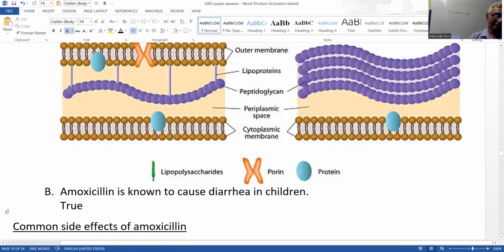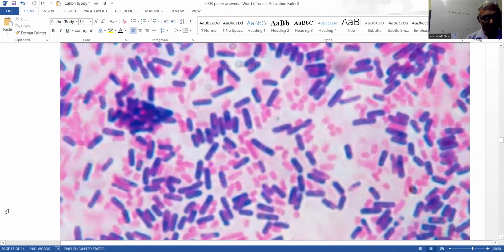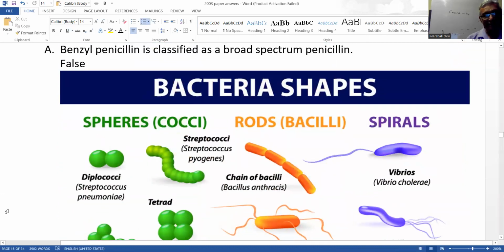So when we say broad spectrum antibiotics, they kill both gram positive and gram negative bacteria. So the first question: benzyl penicillin is classified as a broad spectrum penicillin. It is false because benzyl penicillin will kill only gram positive bacteria, not gram negative bacteria. So it is false.